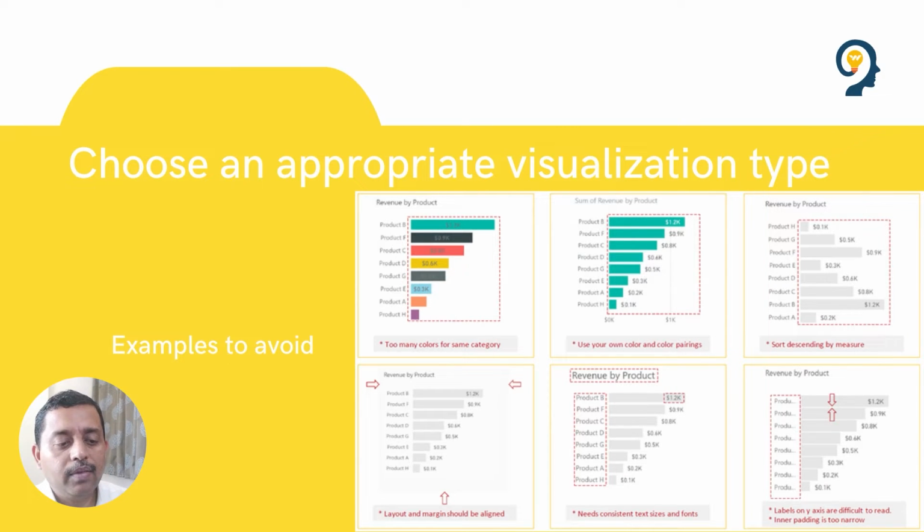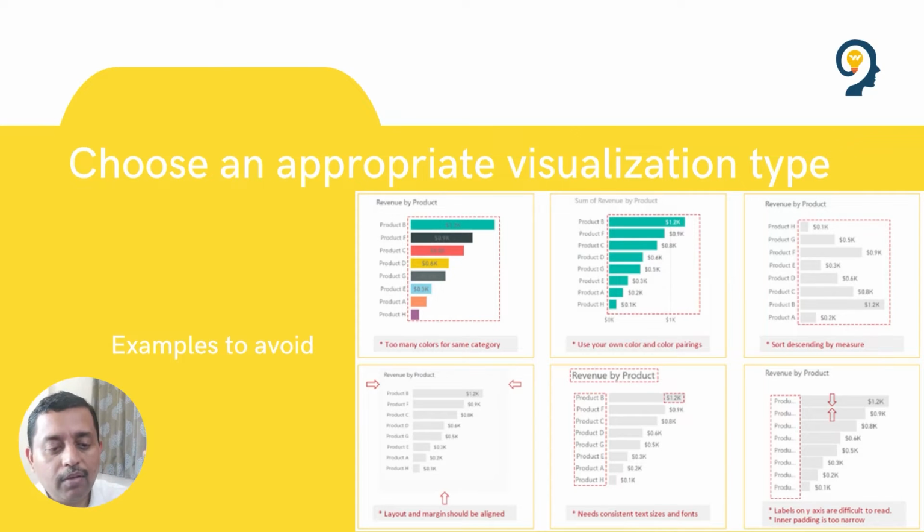Then we have this option wherein we see that the distance between the bars is not adequate. You can see that here they are adequate, but here they are not adequate. So the padding has not been given properly.